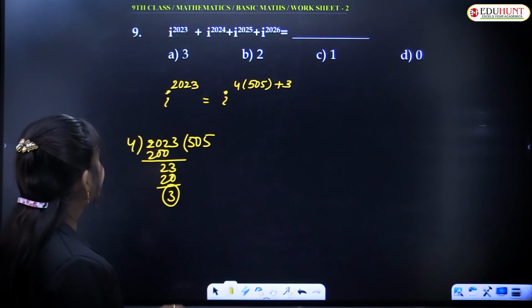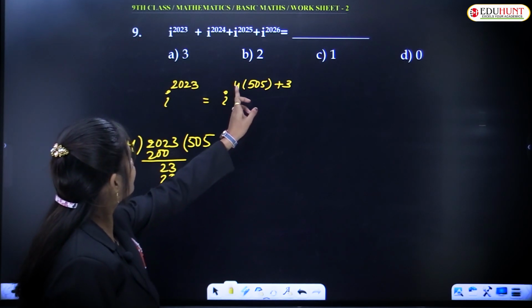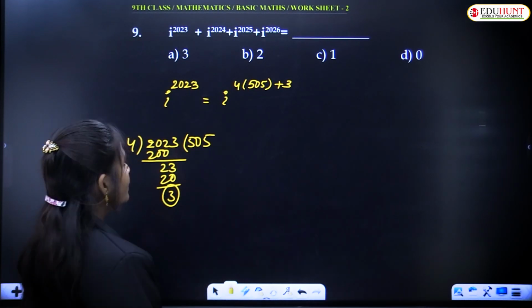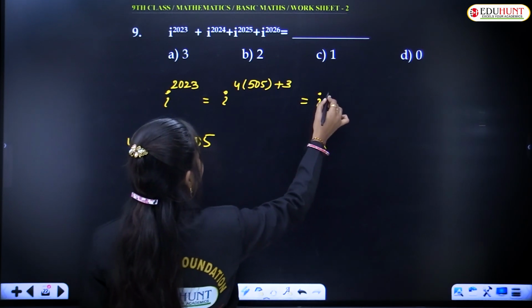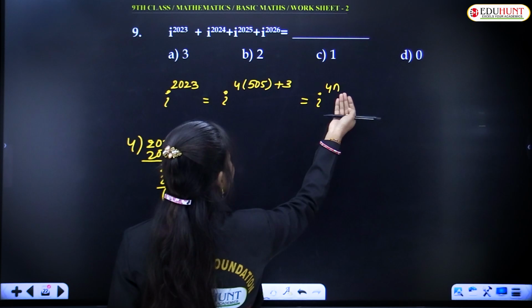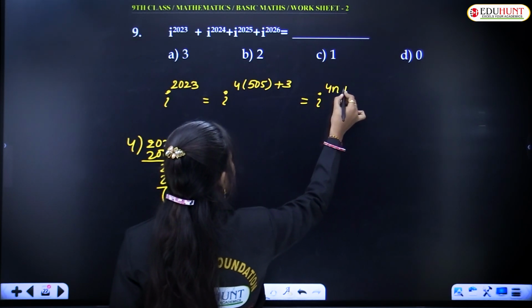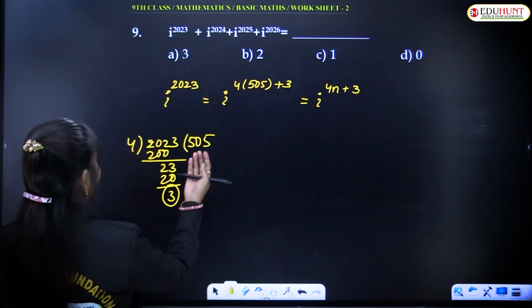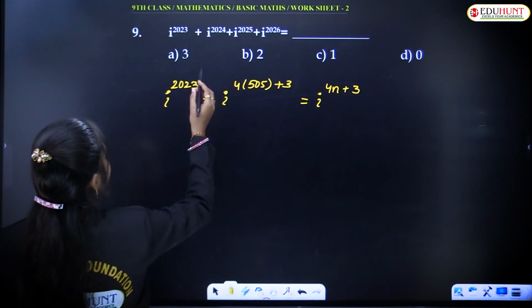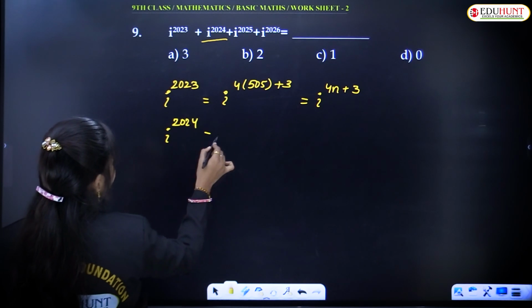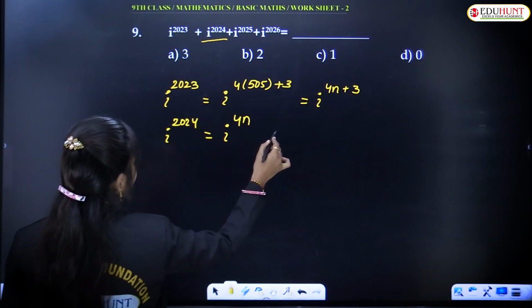Shall we write like that? If you write like this, 2020 plus 3 is 2023. Which equals the form i power 4n plus 3. Next, i power 2024 is a positive value, i power 4n.